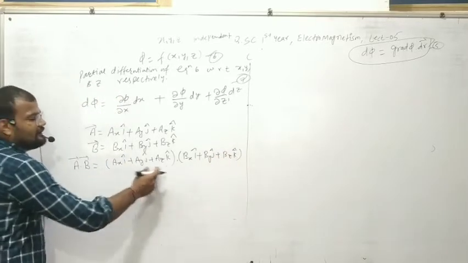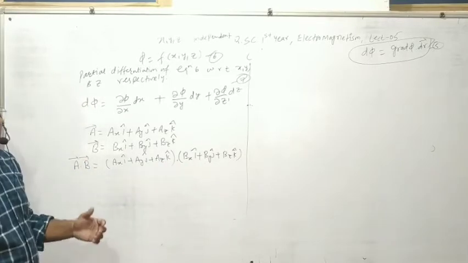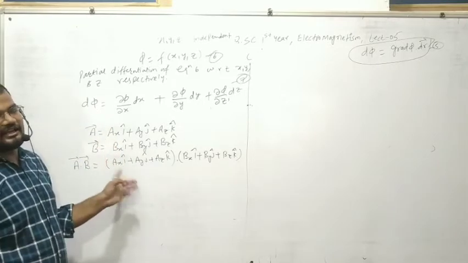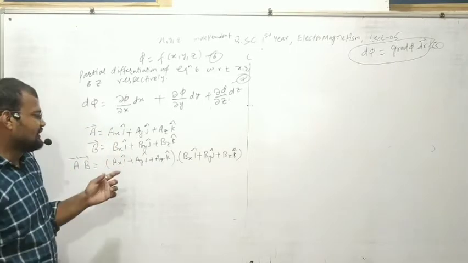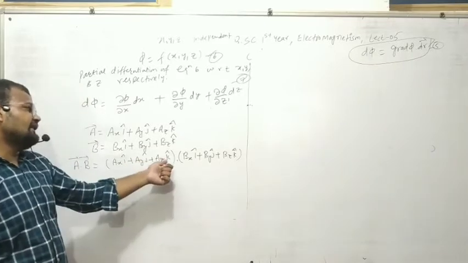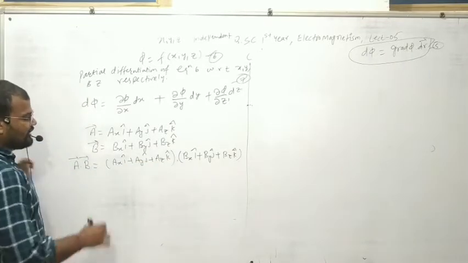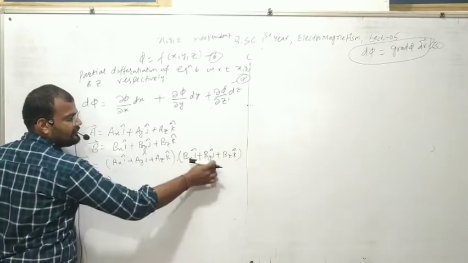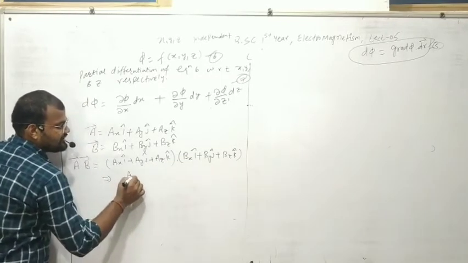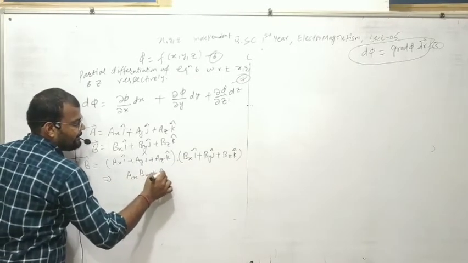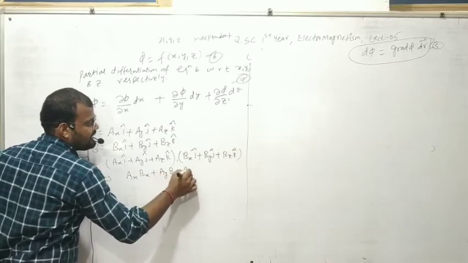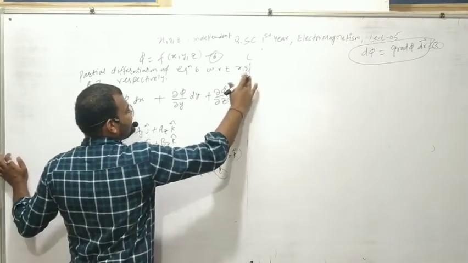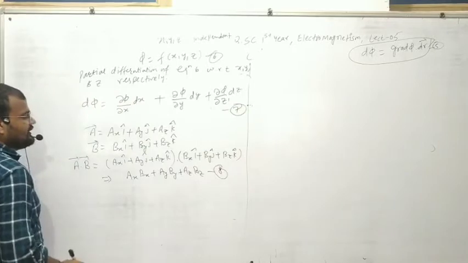We know the scalar product of i cap with i cap will be 1, and i cap with j cap and i cap with k cap will be 0. Same goes for j cap and for k cap. So the scalar product will be ax bx plus ay by plus az bz. This is your equation number 8. This was equation number 7, and this is equation number 8.